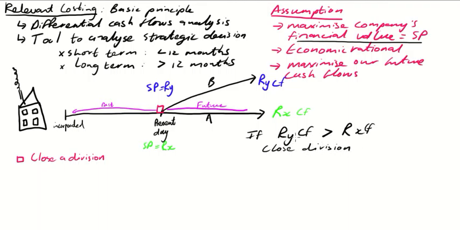It's going to maximize our share price. However, if the cash flows from future B are smaller than the status quo or the future A cash flows, then we should keep the division open.